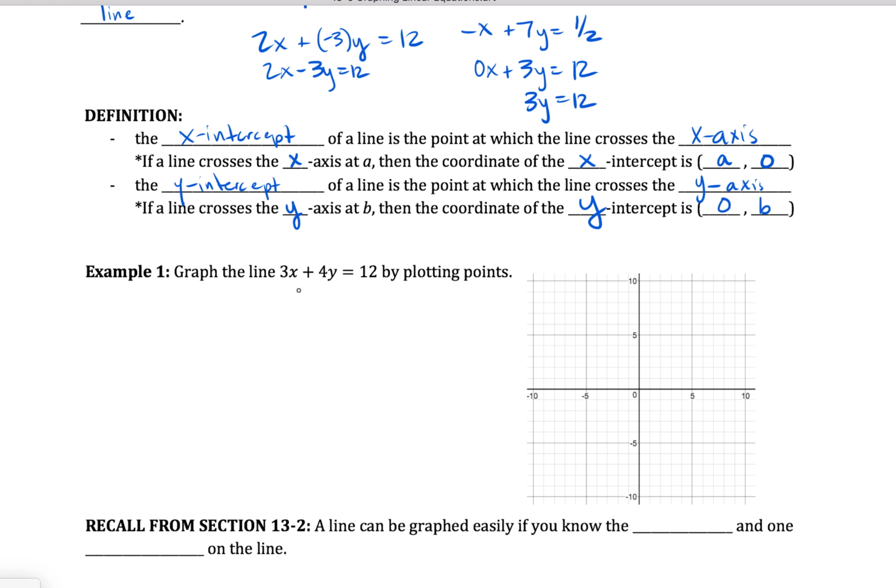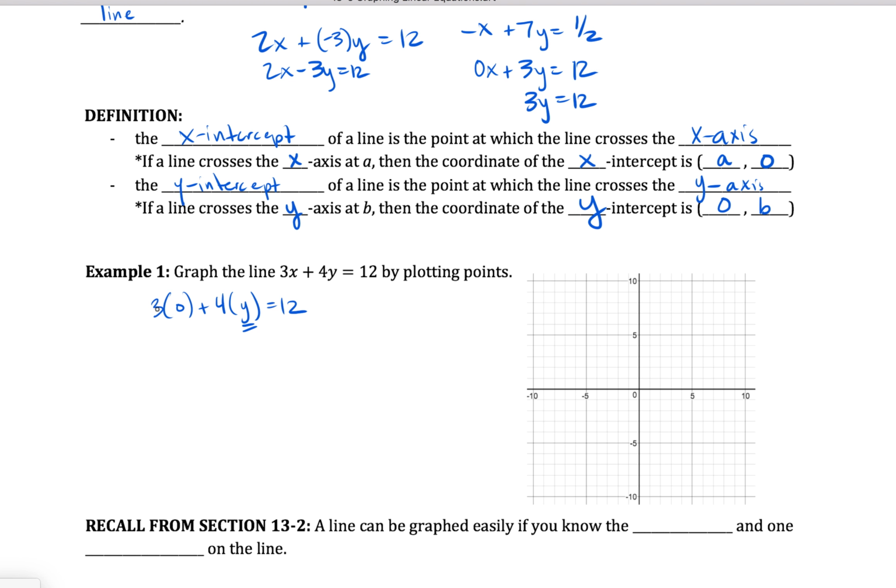So let's put in a 0 for x. Let's say 3 times 0 plus 4 times y, whatever y is going to be, equals 12. Let's figure out what that would have to be. Well, 3 times 0 is going to turn into a 0. That's why finding the x-intercept and the y-intercept is easy sometimes, because we put zeros in for x and y, and then they kind of go away.